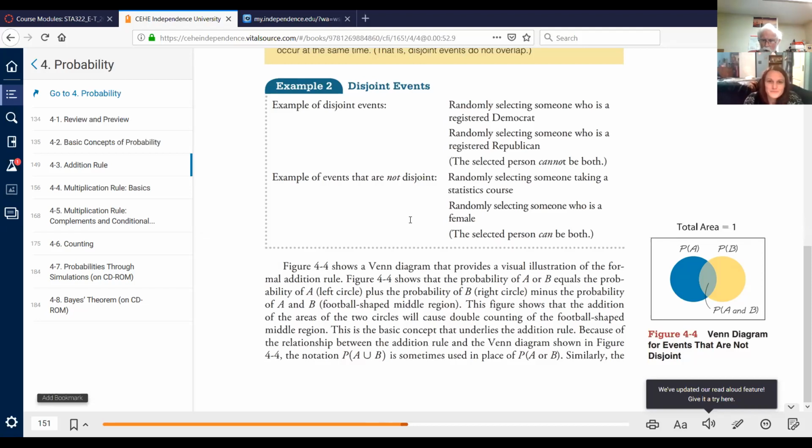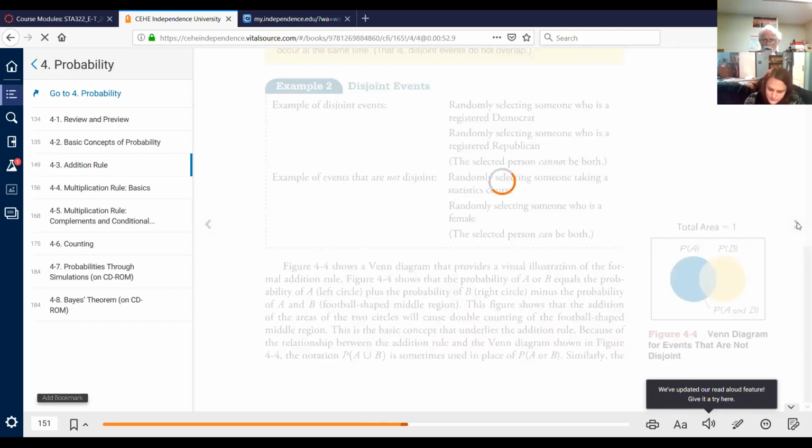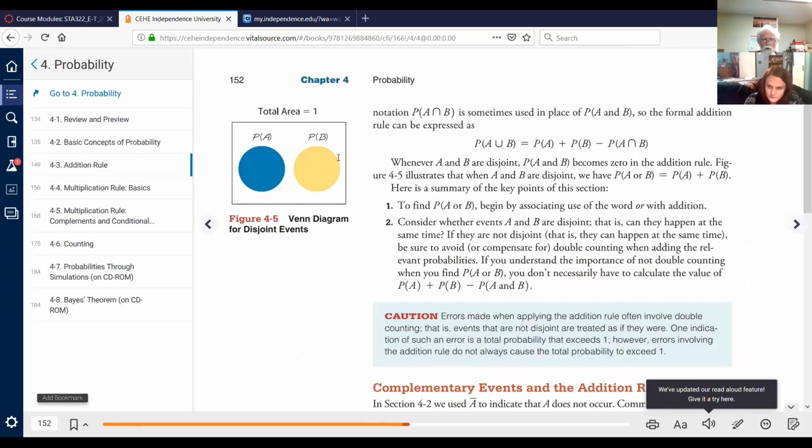So that's both. And this is where, remember the Venn diagram, have you ever heard of a Venn diagram? This is where you have a data set and an overlap. And the overlap is where they're members of both data sets. So that's one way of looking at this. If they're disjoint events, then there's no overlap.